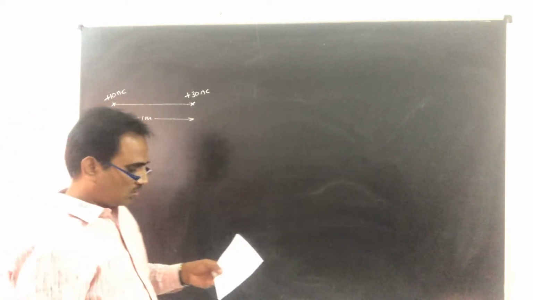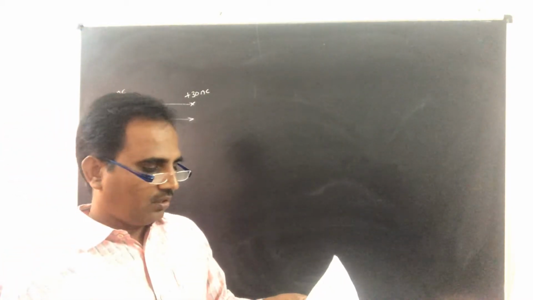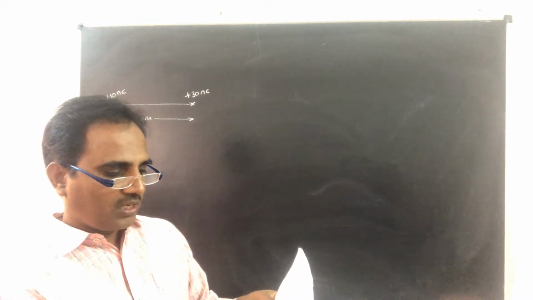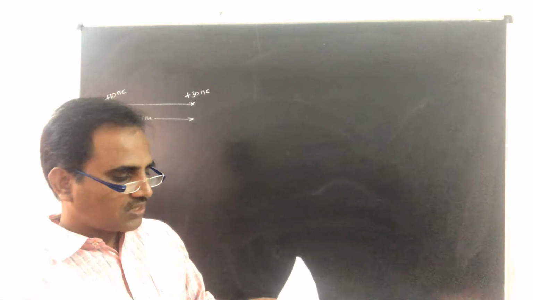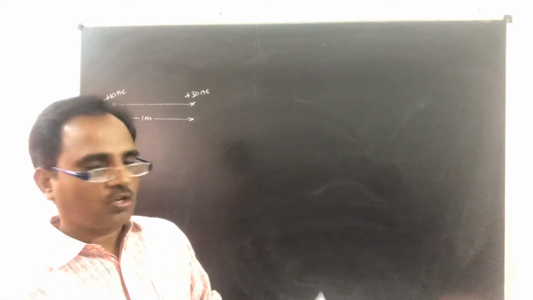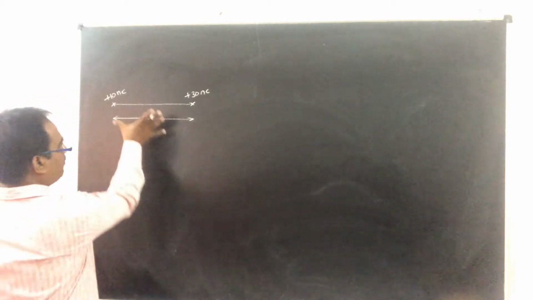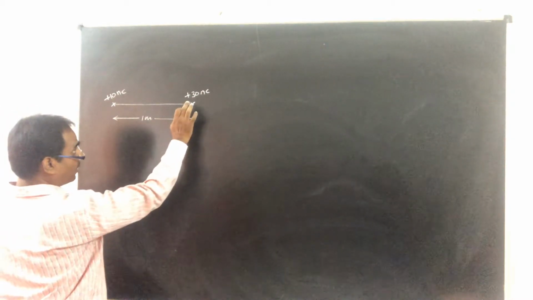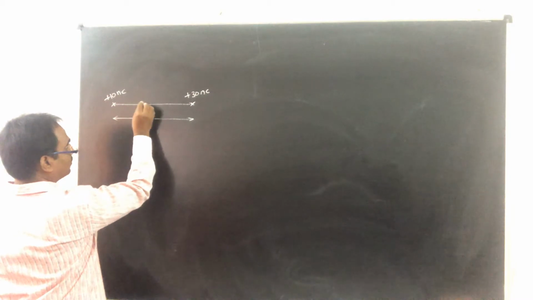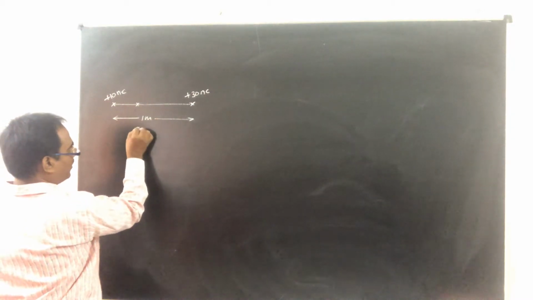So, in the first part of the problem, you are asked to find the electric potential at a point between them, which is at a distance of 0.8 meter from the stronger charge. Here this is 0.8 meter.